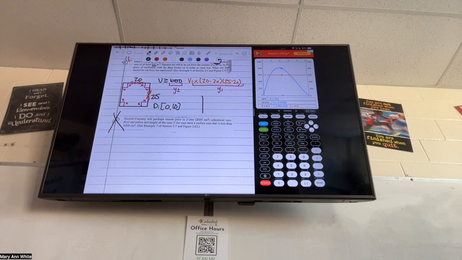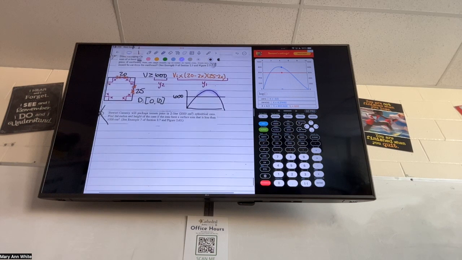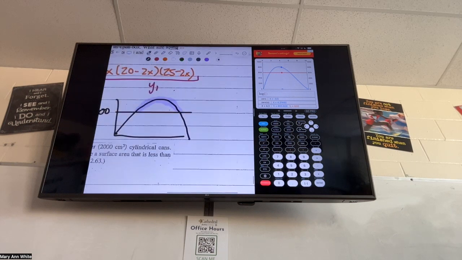Now they want our interval where we are at least 600. Is that above my 600 line or below my 600 line? Above, so that's this interval right here. What do I need to do in order to figure out that interval? My intersections.